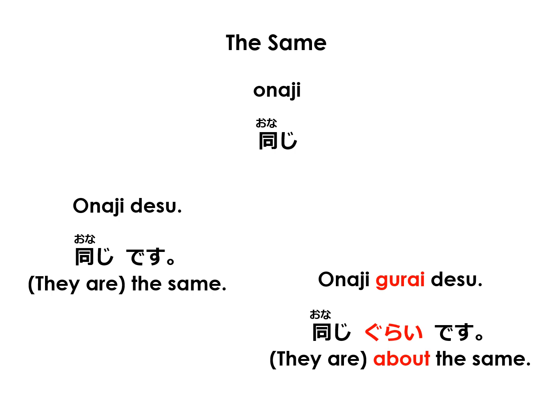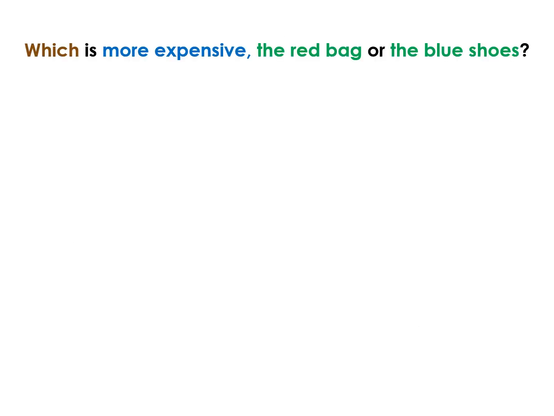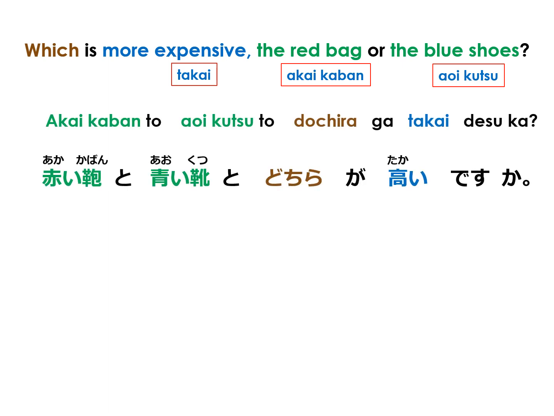Let's practice using this. The sentence, which is more expensive, the red bag or the blue shoes? Expensive is 高い. Red bag is 赤いカバン. And blue shoes is 青い靴. In Japanese, we say 赤いカバンと青い靴とどちらが高いですか?